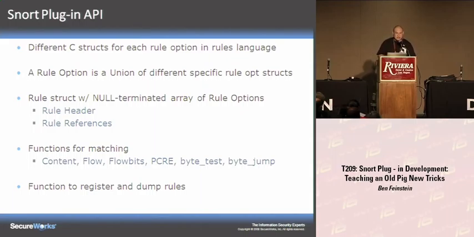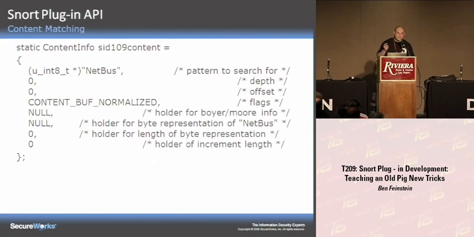The API also exposes functions to match on these different rule constructs for content, flowbits, and such. So you can actually create a rule option for a content match, call the content match function in the API, and get back rule match or rule no match. It also offers some basic functions to register and to dump the dummy rules out.